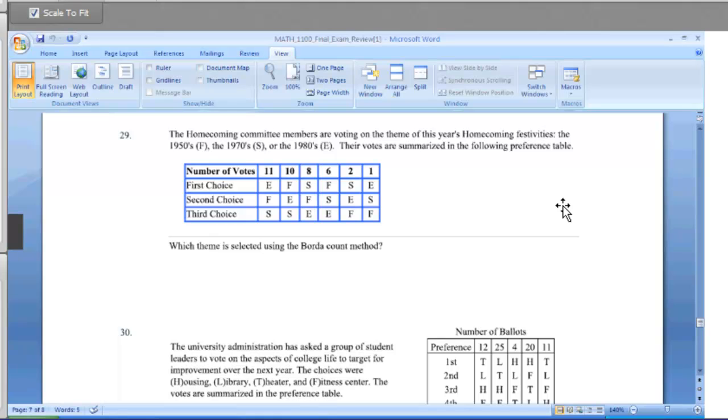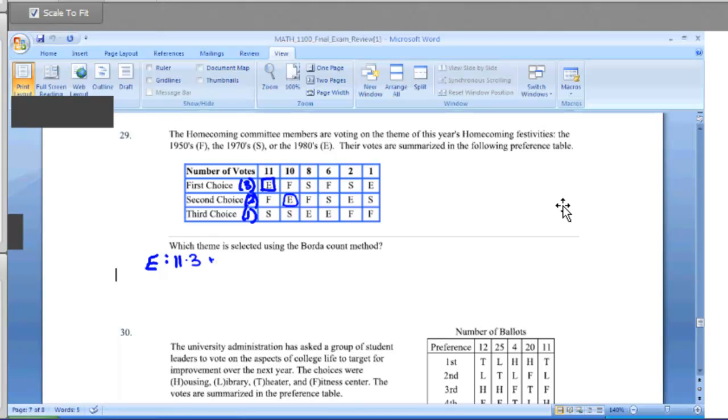So it's a ranking. For us to go through and figure out how many points each got, we'll go through and pick out the 80s first. So the 80s, and again, remember, this is worth 3 points, 2 points, and 1 point for first, second, and third choice. So there are 11 students that wanted it as their first option. So it'll be 11 times 3.